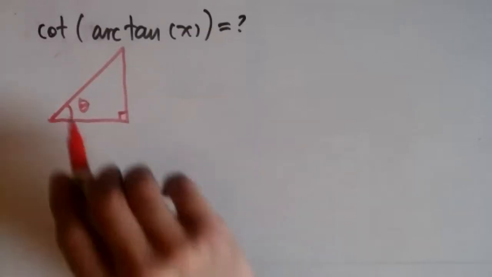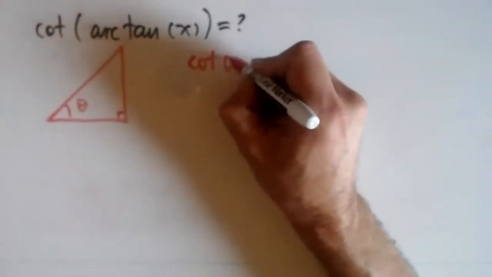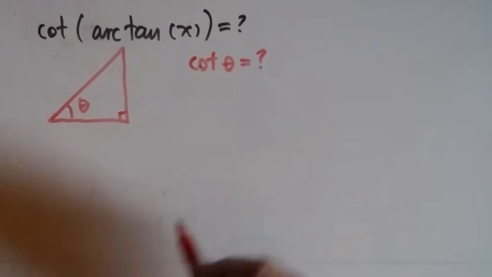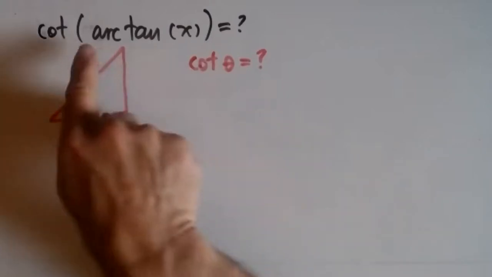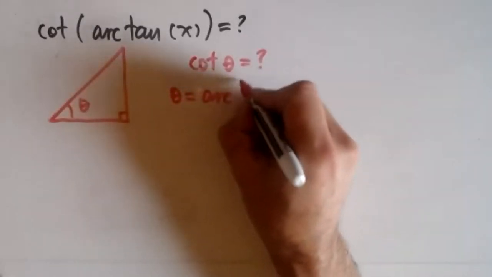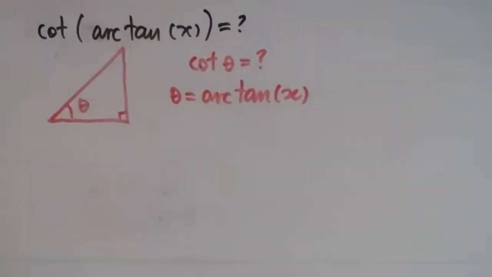Okay, now, this is the cotangent, so you are going to find the cotangent of theta. It's what you are going to find using your triangle. Now, if you match these two expressions, then theta has to be the arctangent of x, correct?